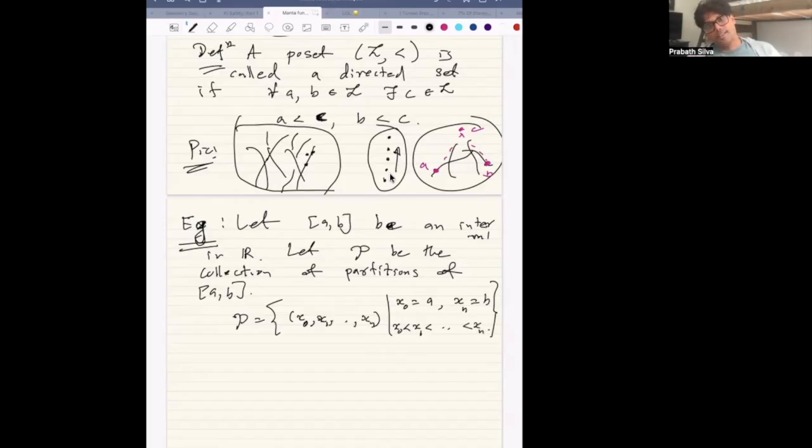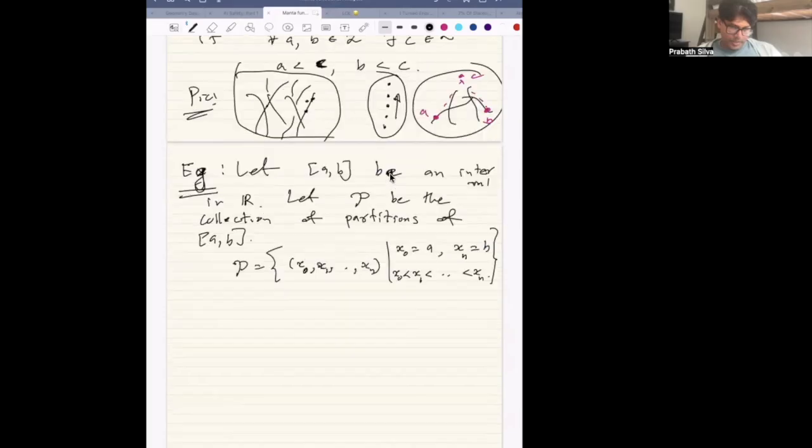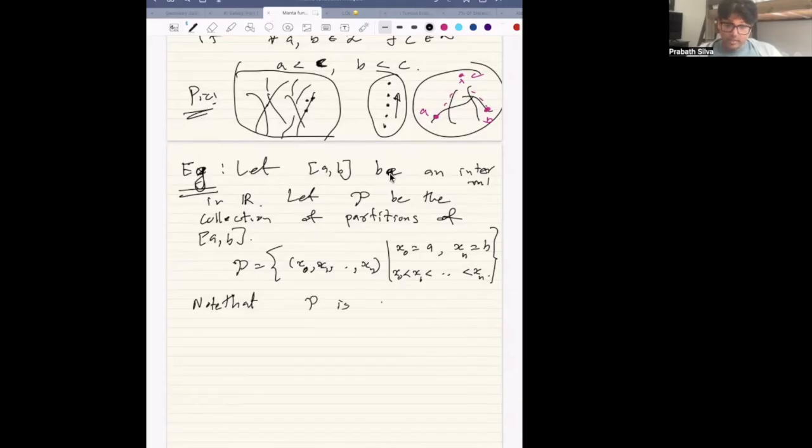So this is a partition, and we note that this thing is a directed set.